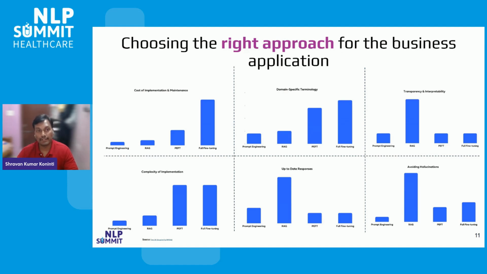So in that case, maybe PEFT or a full fine tuning methodology can be the right approach. Again, it all depends upon the business application. If the business is saying that they are least worried about the cost, or least worried about the complexity of the solution, I think the best is they can go with PEFT or full fine tuning. So in a nutshell, the right approach actually depends upon the business application they are doing.